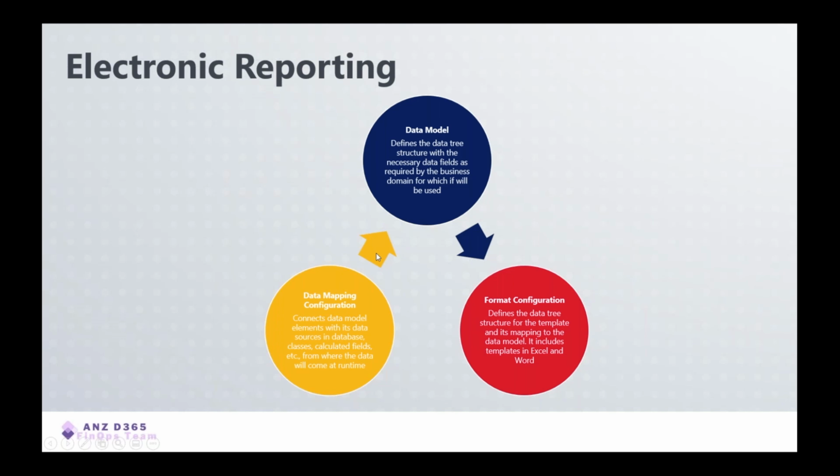That's why this particular arrow is directed to the data model, because we will be taking all the information of your report fields into your data model. Once your data model is fully bound to each of your fields, then it will be translated into your format configuration.